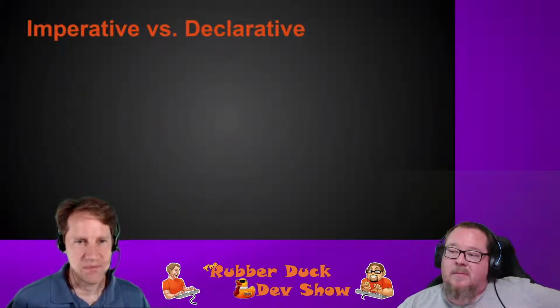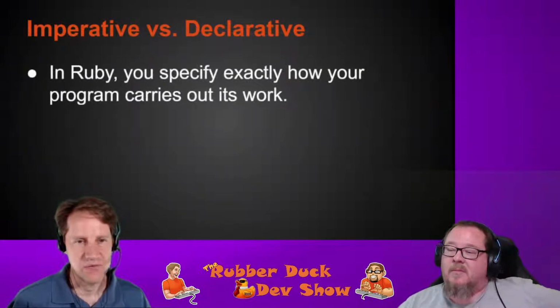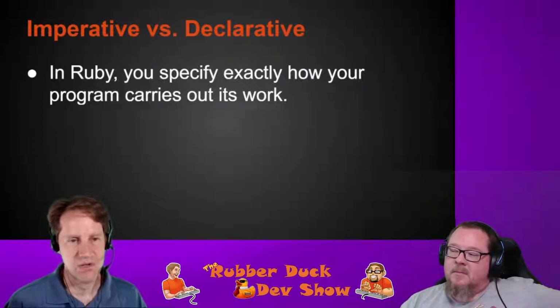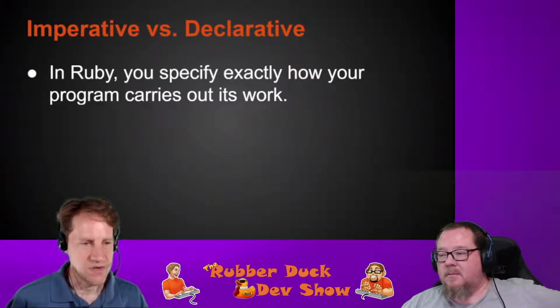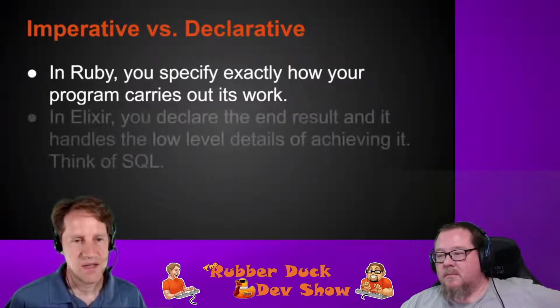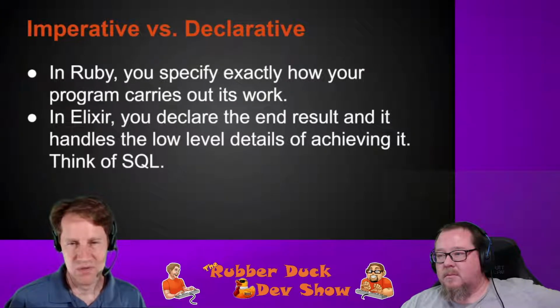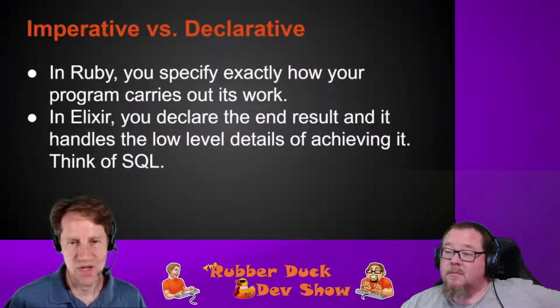A little comment about imperative versus declarative. Like Ruby, you generally specify exactly how your program carries out its work. You do a loop, you set certain variables to these things. In Elixir, it's more declarative. So you explain what you want the end result to be, and it does a little bit more for you.